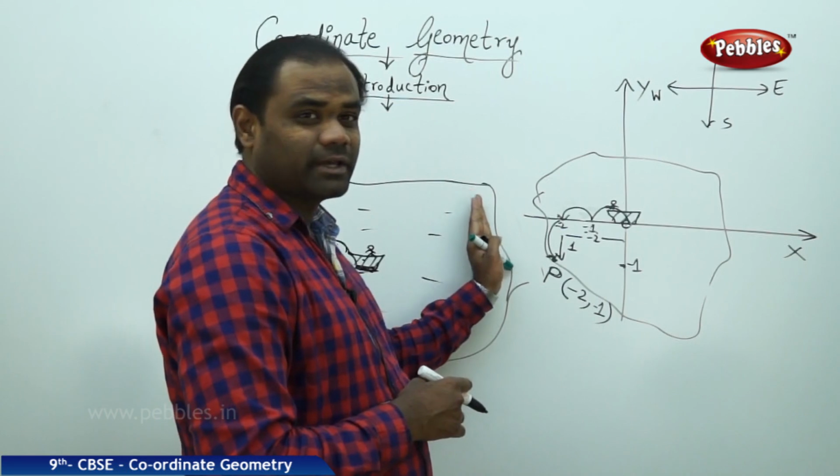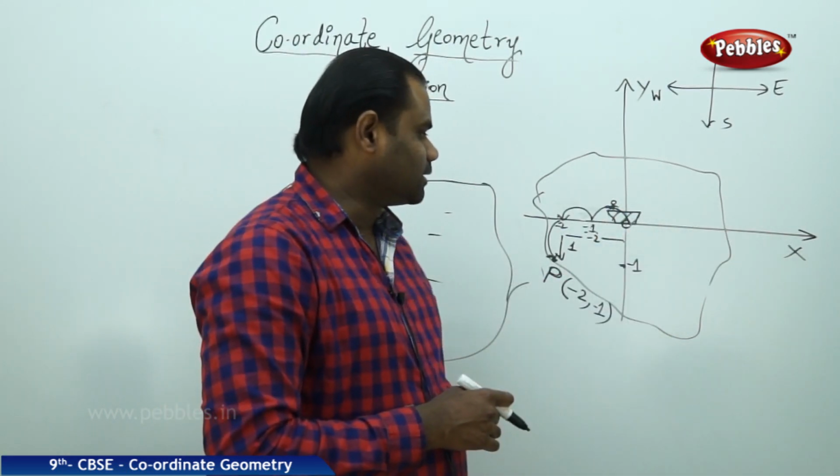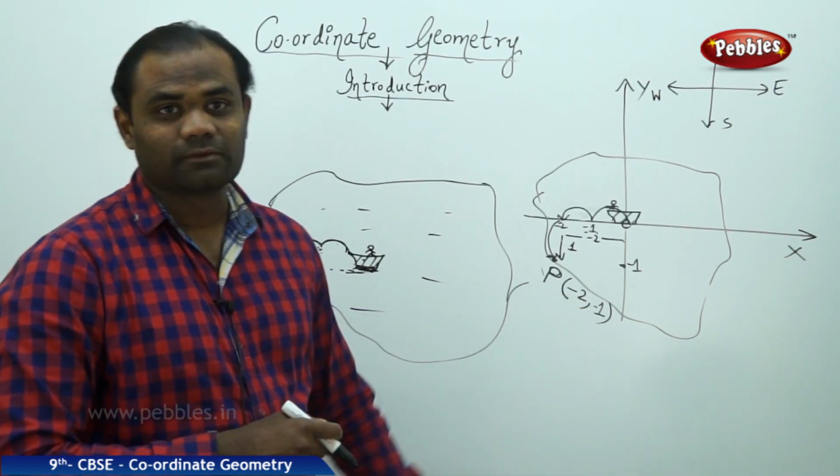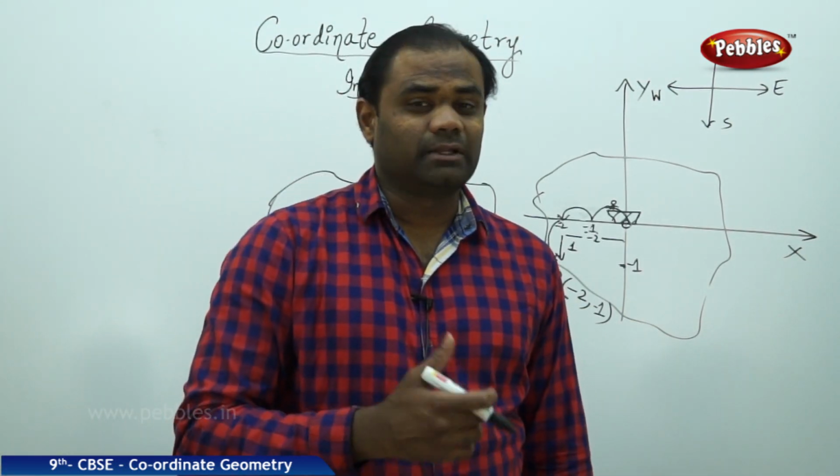On the left we have negative x values, on the bottom we have negative y values, and therefore the coordinates of P come out to be (-2, -1).